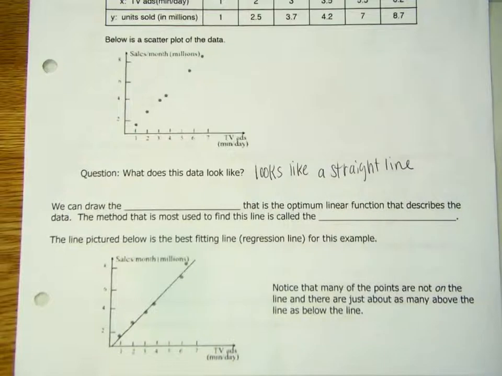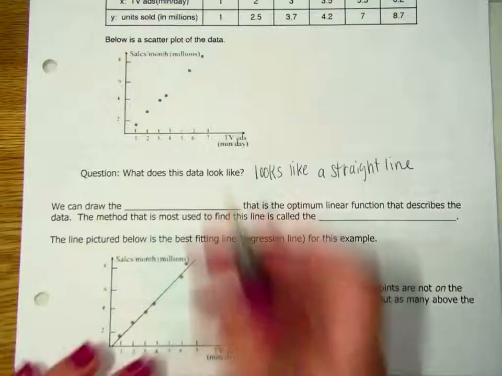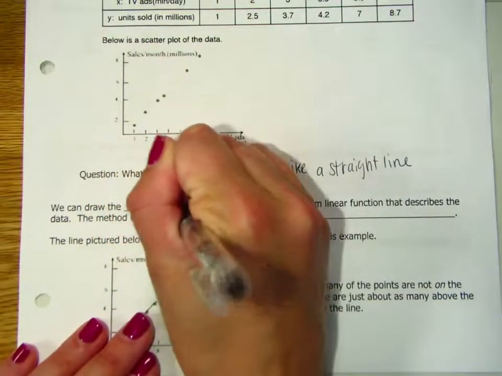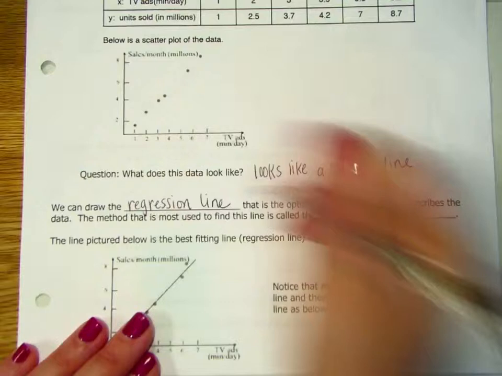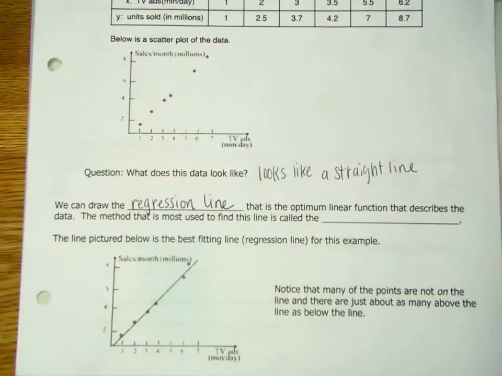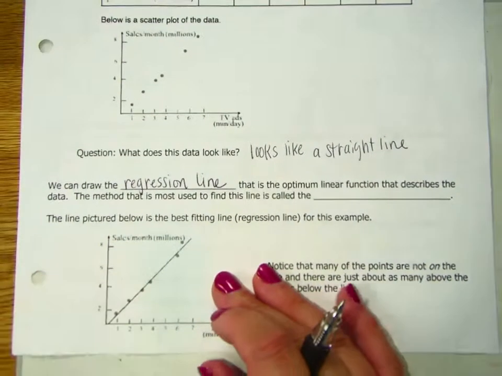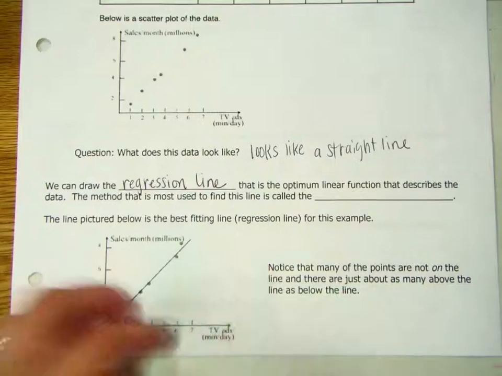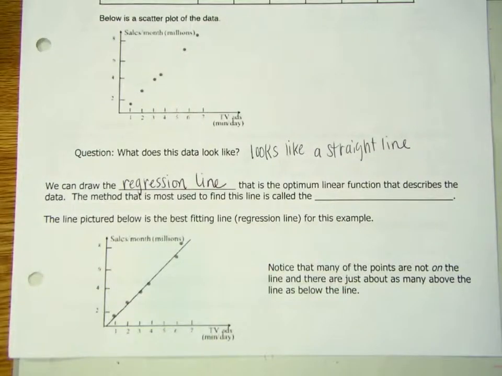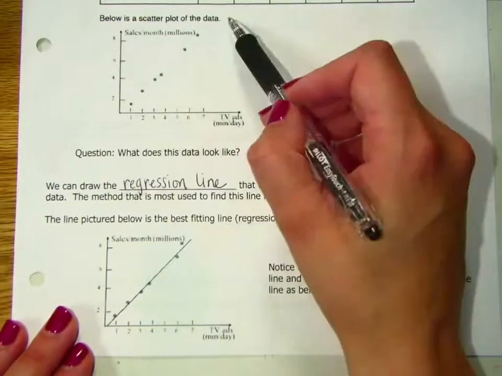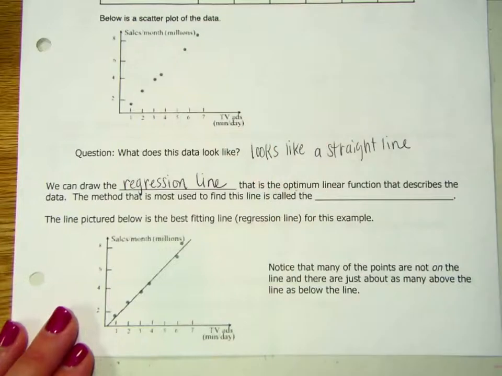I can tell you that it's not exactly linear, but it looks pretty darn close to a straight line. We can draw what we call the regression line. That is the optimum linear function that describes the data. What that means is it's the best linear function to fit those points, okay?